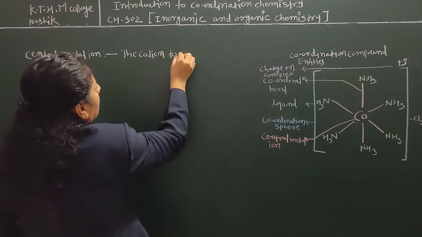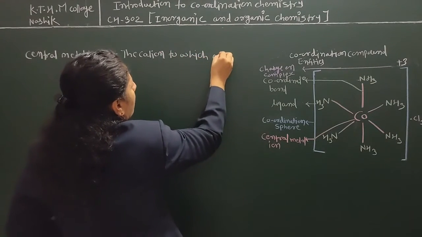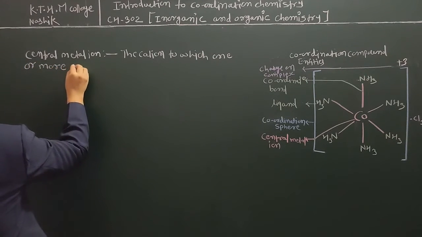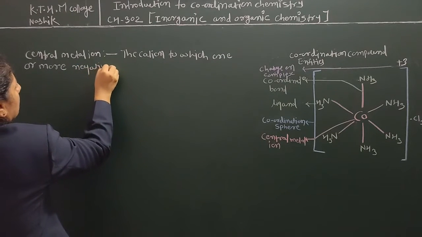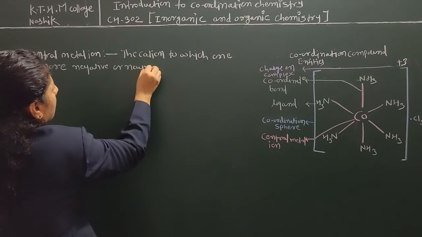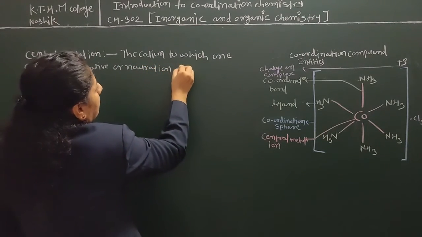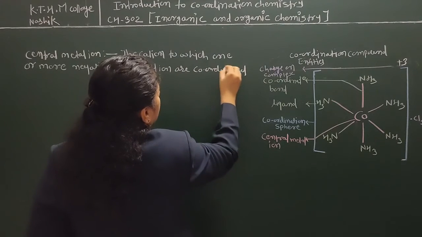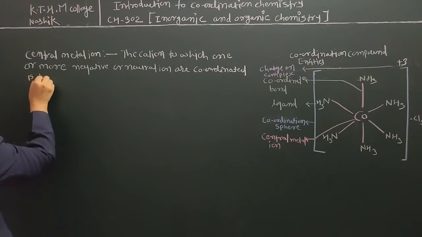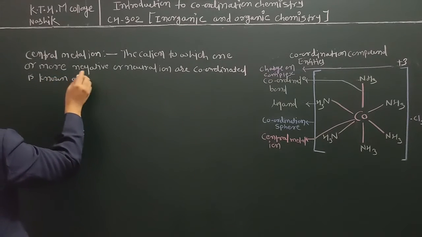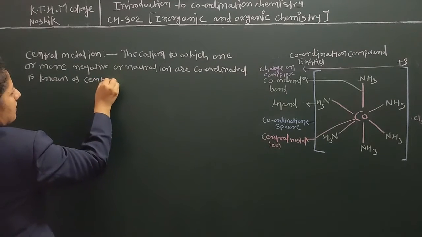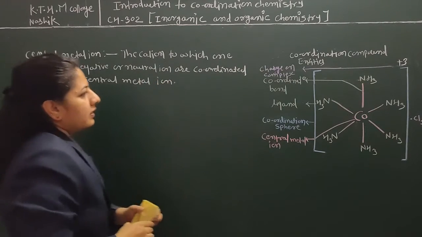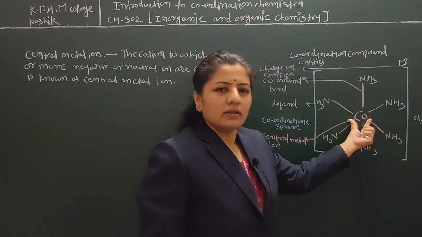The cation to which one or more negative or neutral ions are coordinated is known as the central metal ion. In this coordination compound entity, cobalt is the central metal atom.